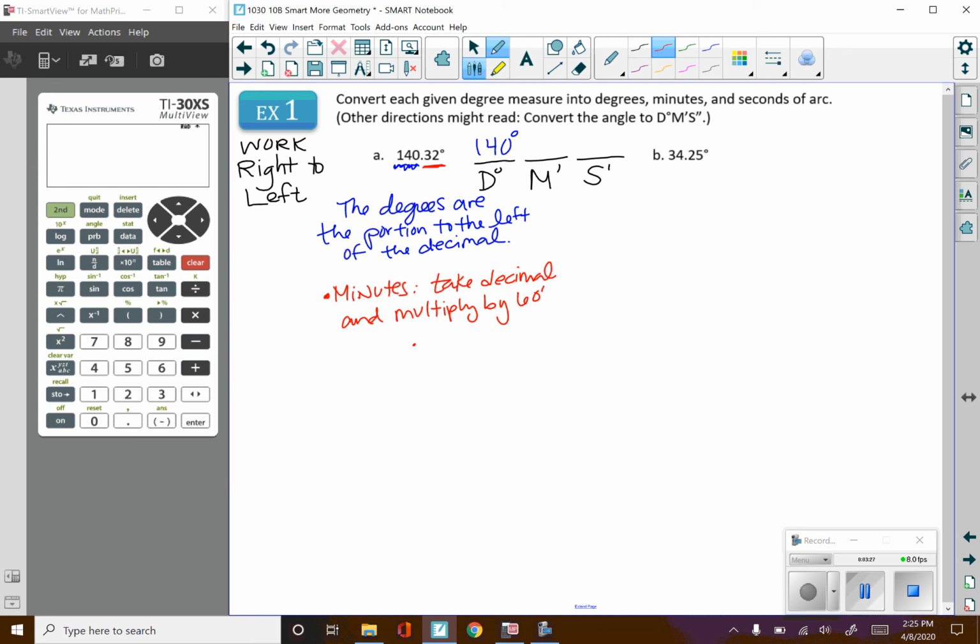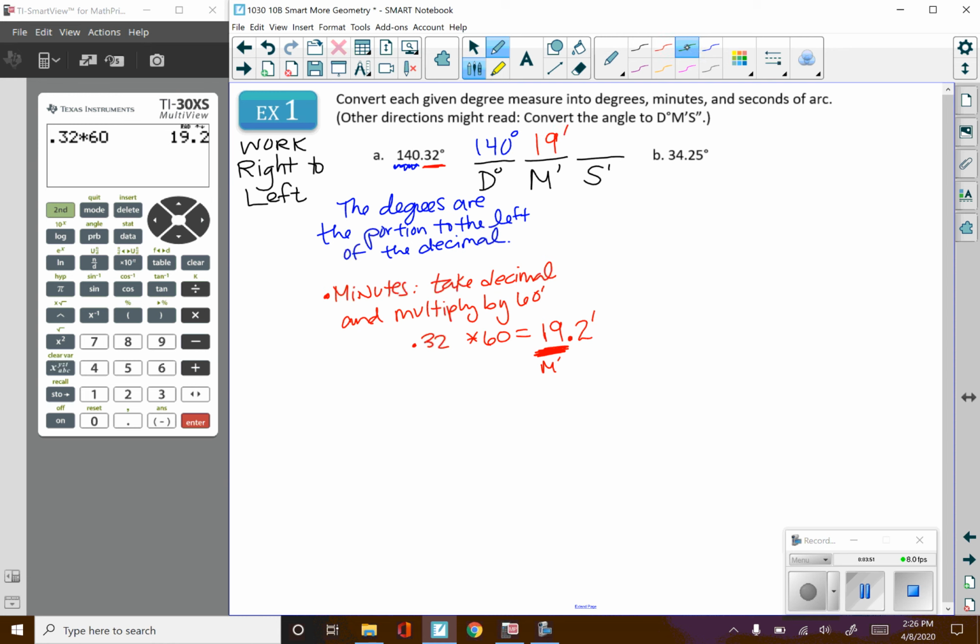So we take 0.32 and multiply it by 60, and we get 19.2. The minutes that we record up at the top are the whole number part.